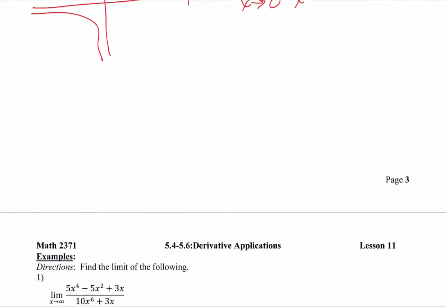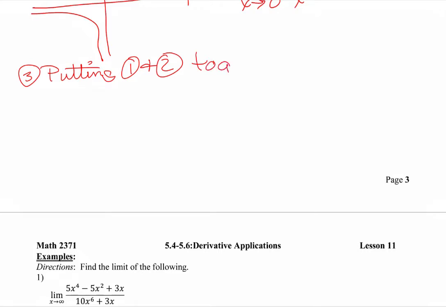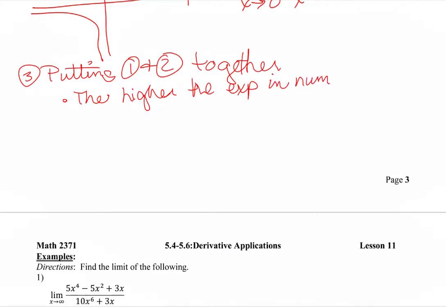So if I put 1 and 2 together, my third observation is that we noticed the higher the exponent in the numerator, then the limit will go to infinity faster.